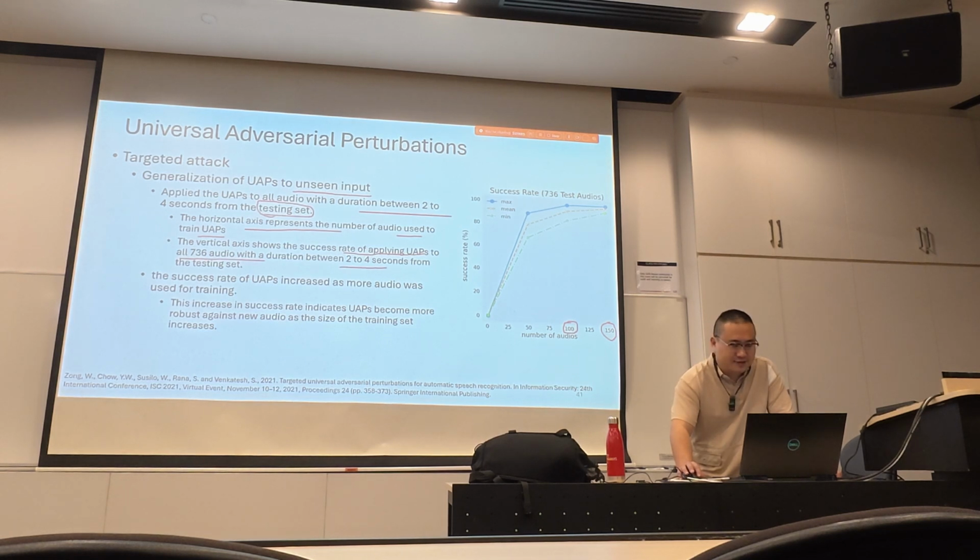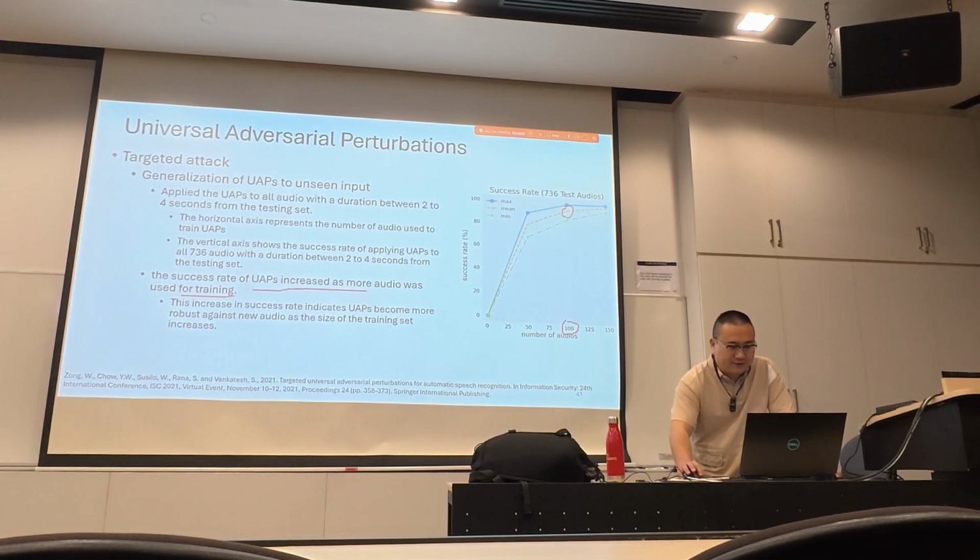2 to 4 seconds. Here we can observe that the success rate of UAPs increases clearly as more audio is used for training. For example, when we have a UAP that can fool 100 audio, we have a success rate of around 90%.